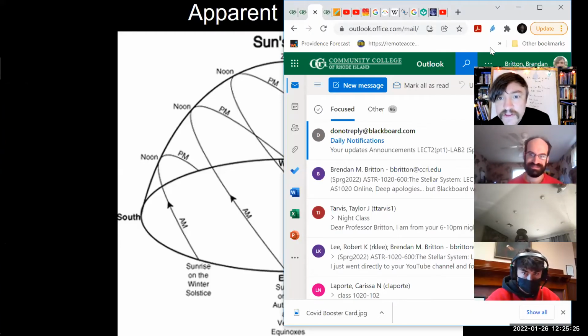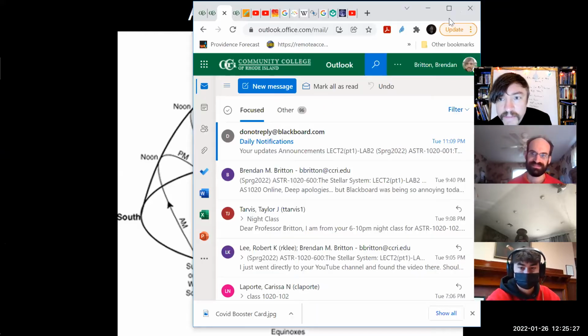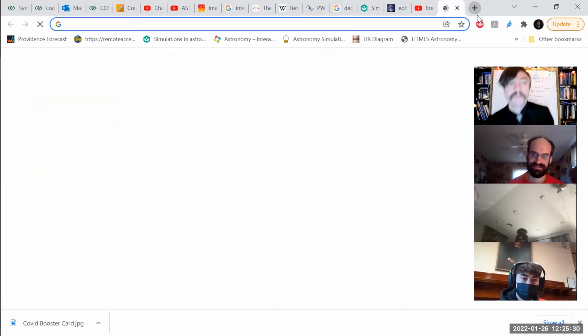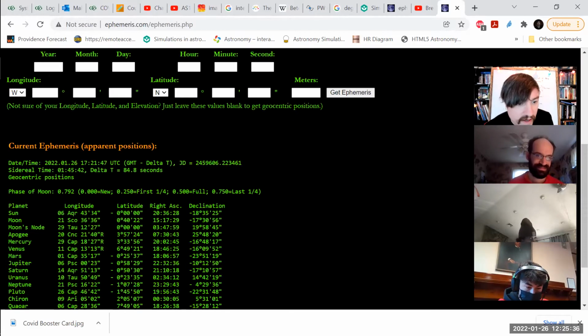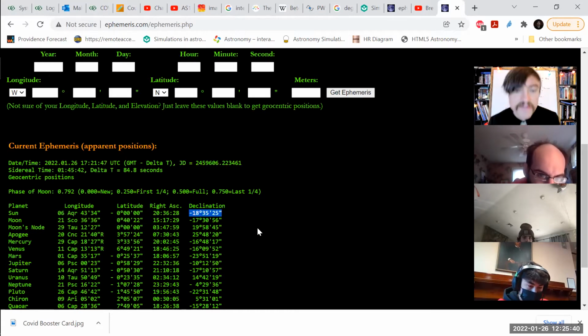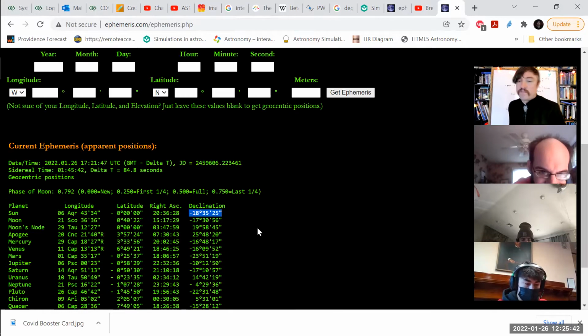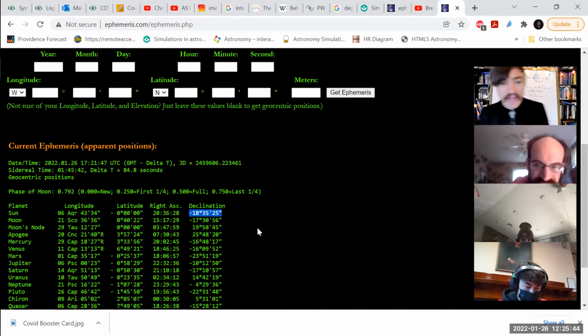If I were to look up that same ephemeris from last time, sun to Sedna, I could quickly discover that the sun has a declination of minus 18 degrees. So it'll rise south of east today.